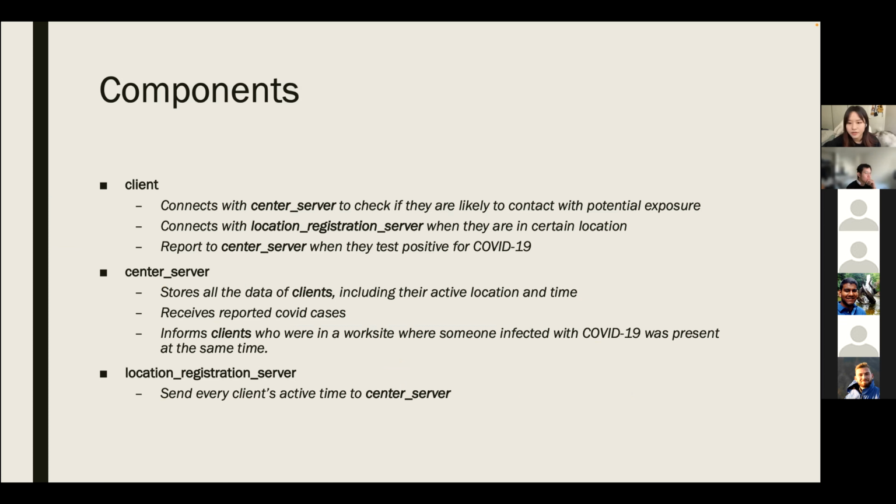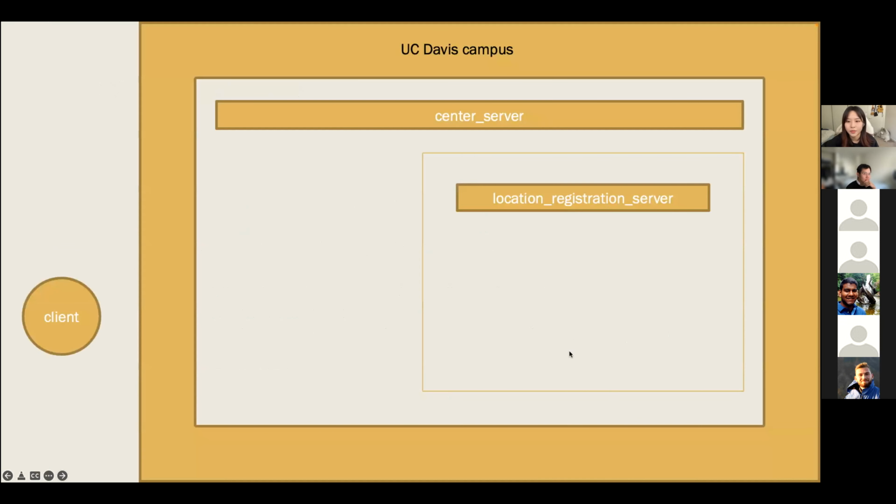The center server stores all the data. When it gets a COVID report, it can find the overlapping time and location of the person and inform others. The location registration server records the client's active time in its location and sends it to the center server.